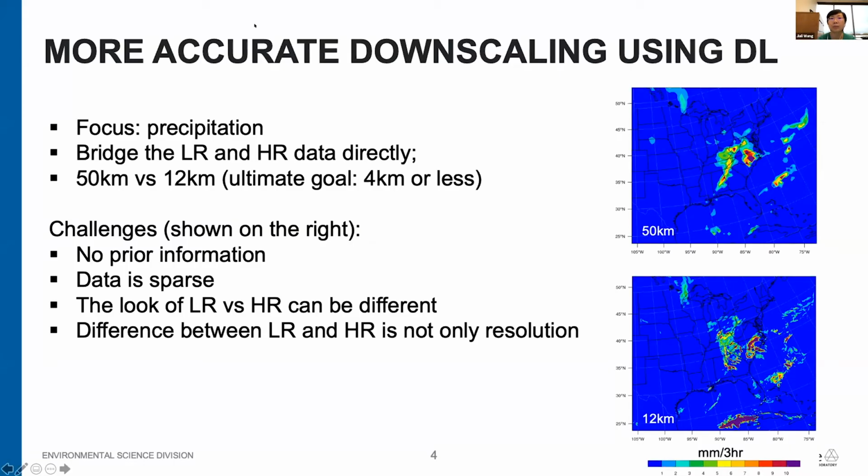Actually, it's something like a dog to cat problem, because our high and low resolution data are not aligned with each other. Also, in a typical imaging problem, such as looking at a human face or animals, we know where the eyes or the noses are, so you know where to tackle the resolution problem. But here we do not have that prior information. So that's the other challenge we're facing.